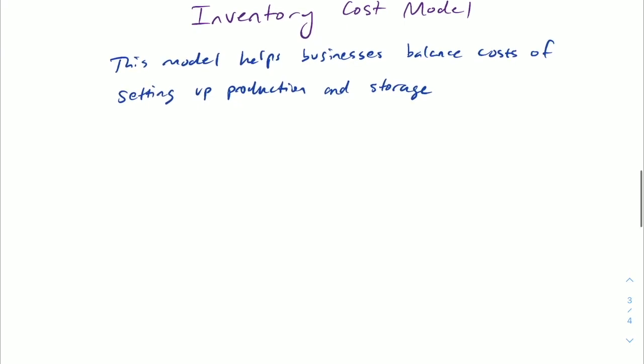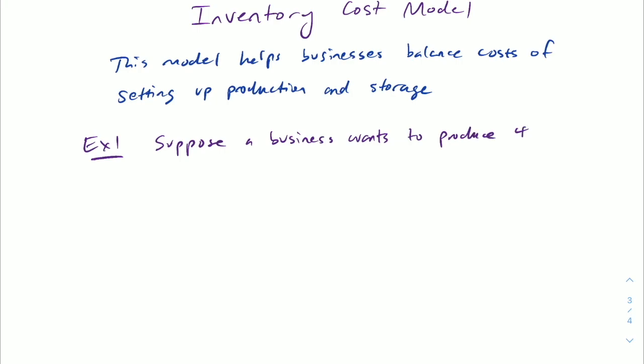All right, so let's look at an example. Suppose a business wants to produce 400K items in a year. And suppose it takes $1,000 to set up a production run.